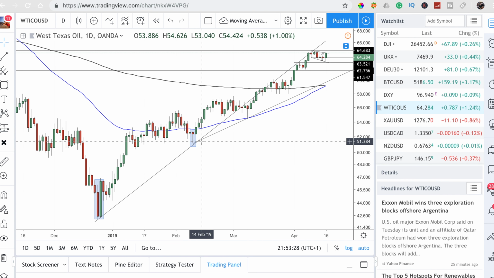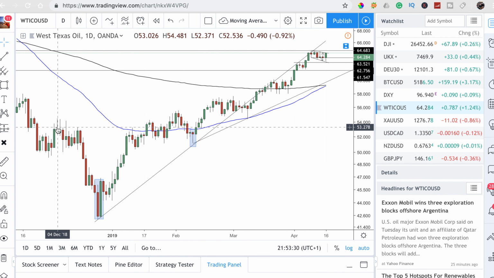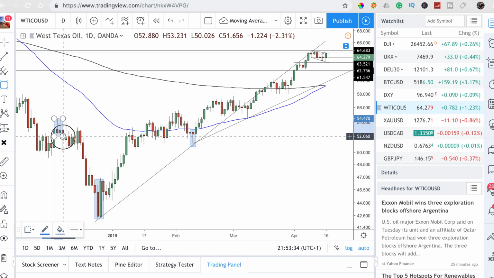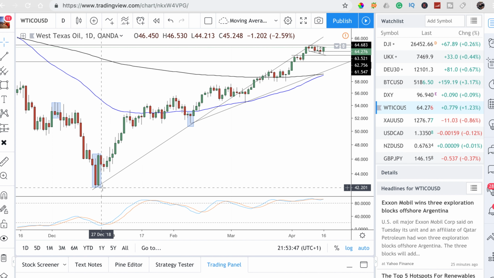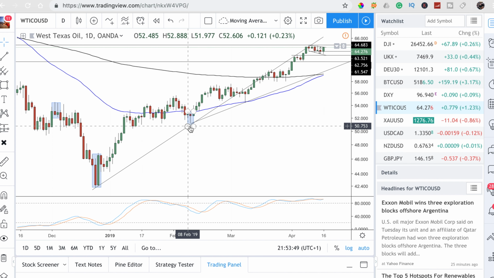You can see even here we had 2 nice hammers, and in fact it was a tweezer top, double top. So we had the 2 bearish hammers plus the tweezer top, and you can see the price went here, retested, and then rocketed down.